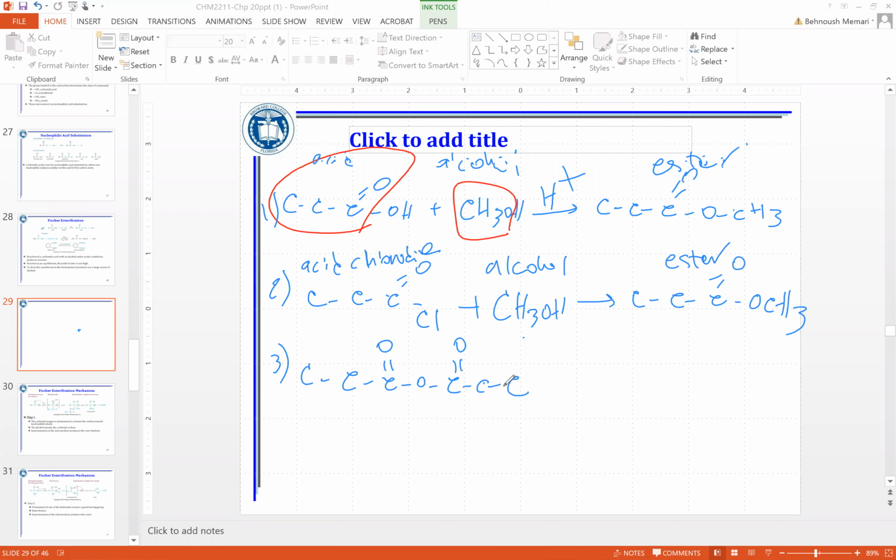You notice the functional group for acid anhydride is CO double bond, O, CO double bond. That's acid anhydride.